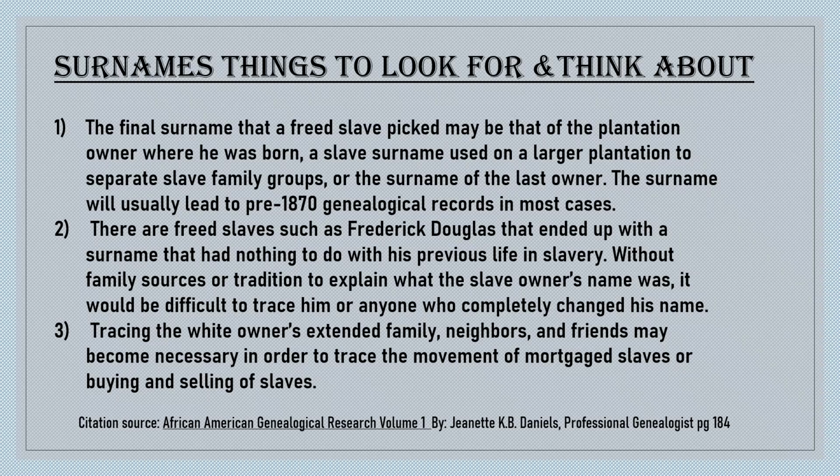Number two, there are freed slaves, such as Frederick Douglass, that ended up with a surname that had nothing to do with his previous life in slavery. And without family sources or tradition to explain what the slave owner's name was, it would be difficult to trace him or anyone who completely changed his name. And number three, tracing the white owner's extended family, neighbors, and friends may become necessary in order to trace the movement of mortgaged slaves or the buying or selling of slaves.